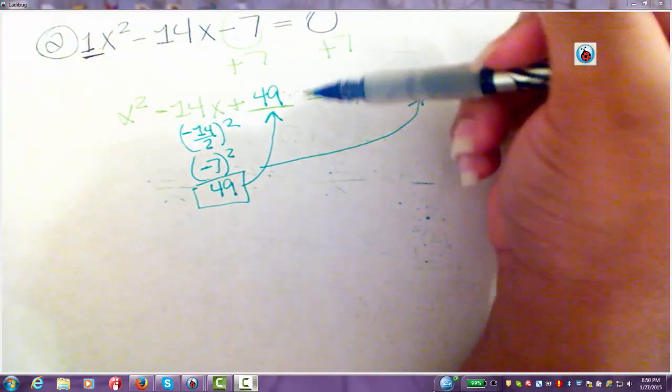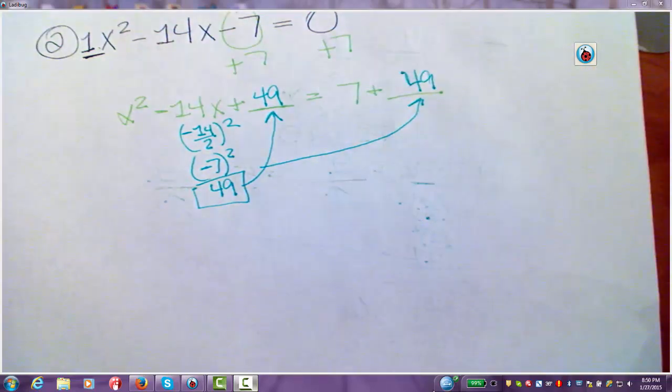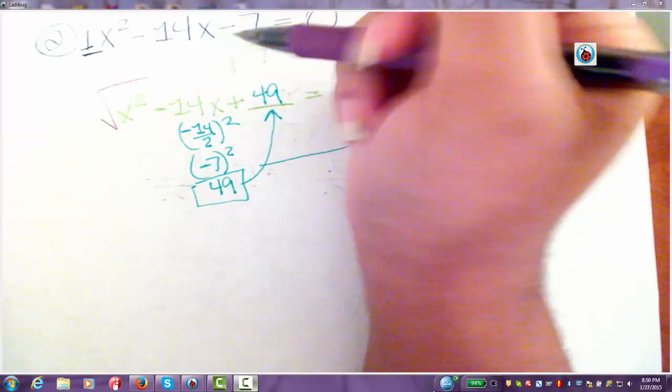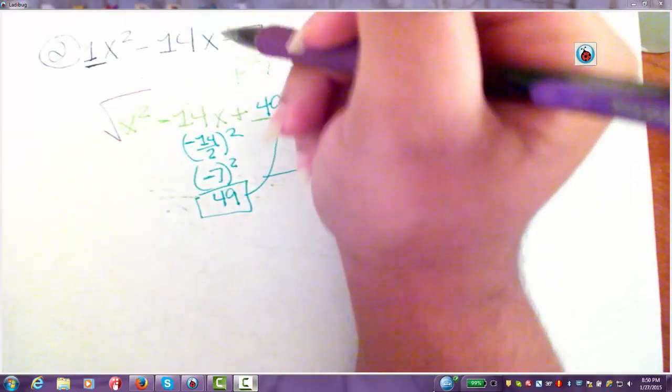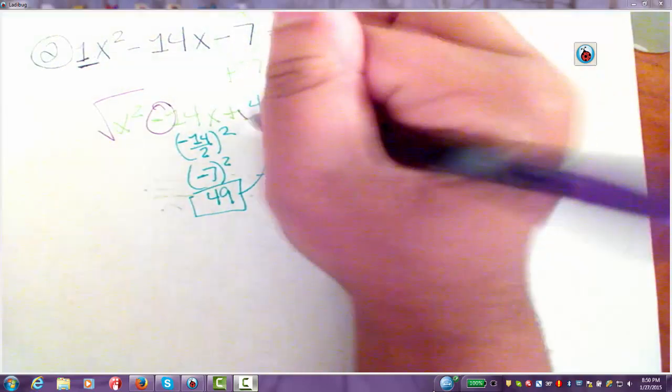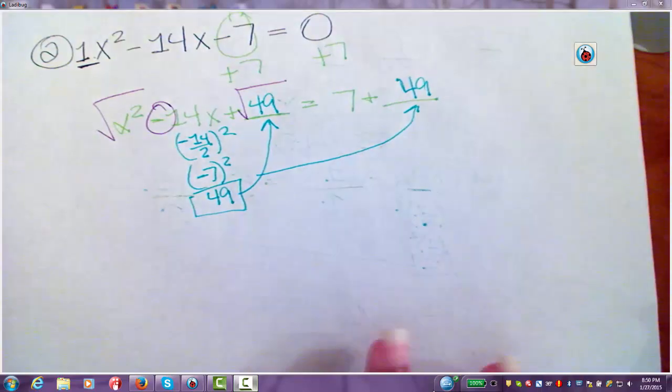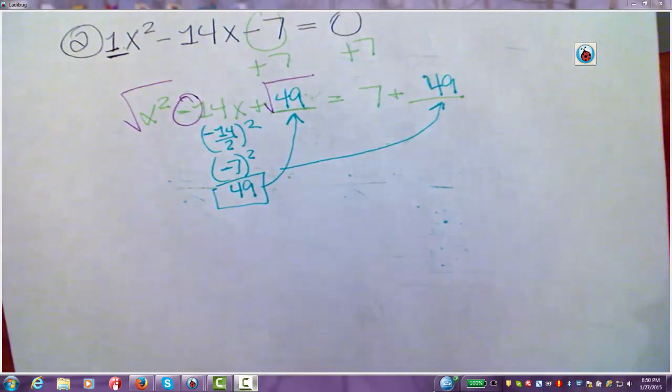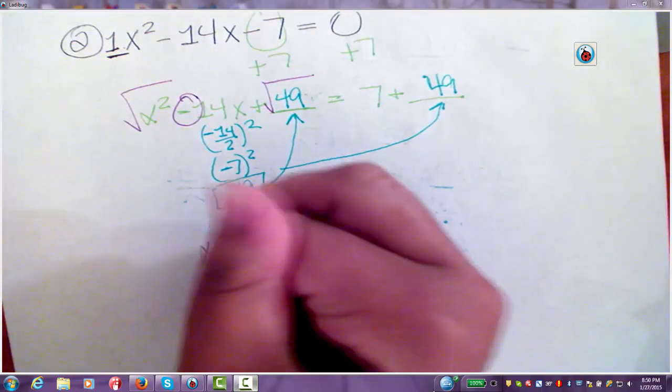So now we factor. And how do we factor? We take the square root of the first term. We keep the first operation, and then we square root the last term. So the square root of x squared is x.